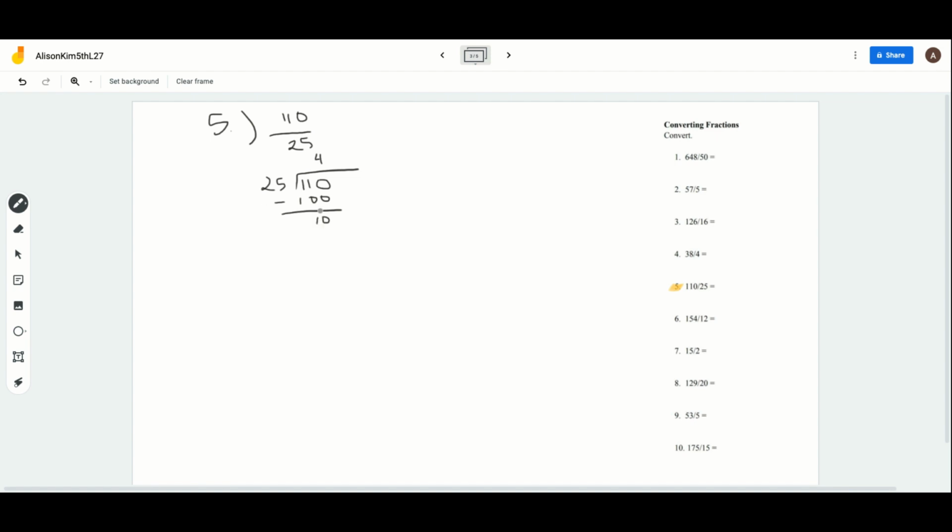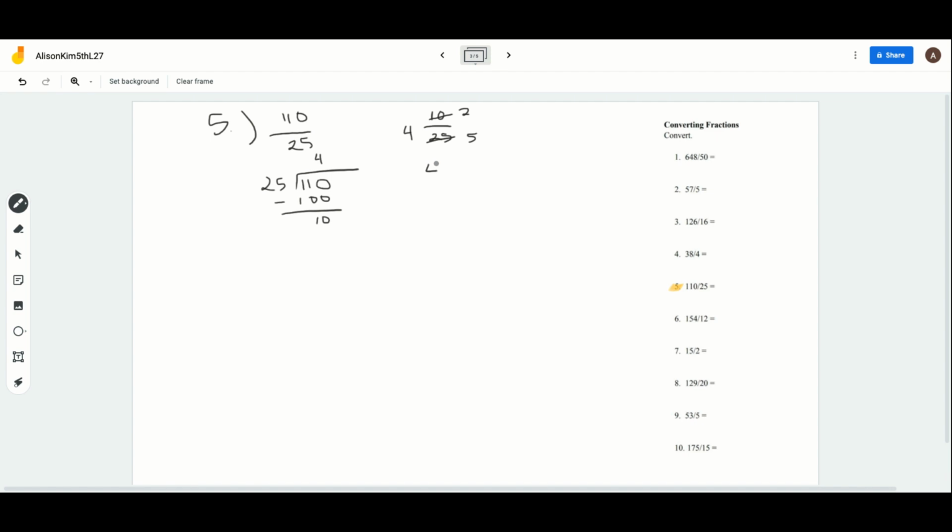The remaining number is always put on top of the denominator. So our whole number is 4, our numerator will be 10, and our denominator will be 25. You may think that this is your final answer, but you need to remember to simplify. Both 10 and 25 can be divided by 5, so we take out 5 from both of them to get 2 and 5.